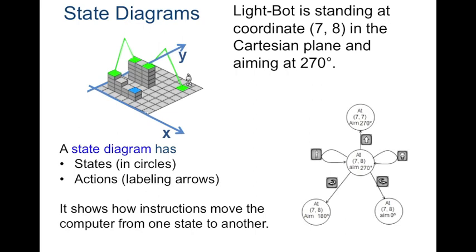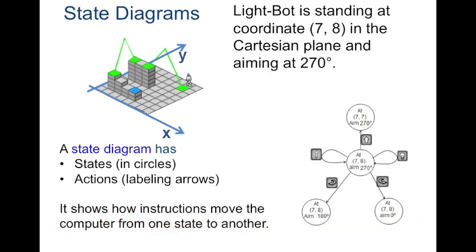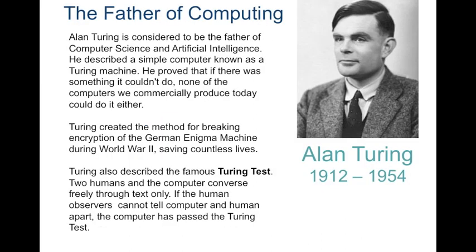So the different commands can either cause a change in state or just cause Lightbot to do something. We won't spend any more time with state diagrams. It's just something that you need to see and recognize as a way of representing how a computer or a program responds to its inputs.